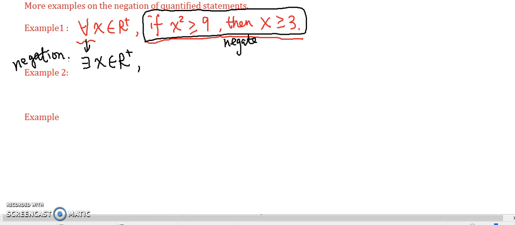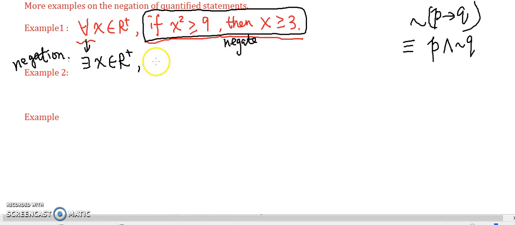conditional statement. So if you remember, the negation of a conditional statement is equivalent to: we keep the condition P, change the conditional to a conjunction, and negate the conclusion Q. So in this case, in order to negate this conditional statement, I keep x squared greater than or equal to 9 and negate the conclusion of this conditional statement.